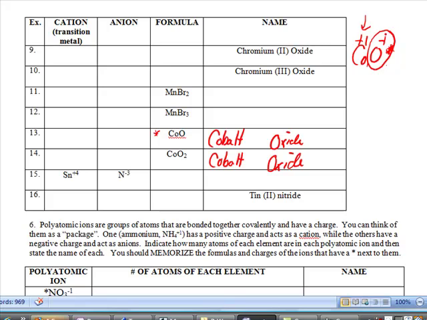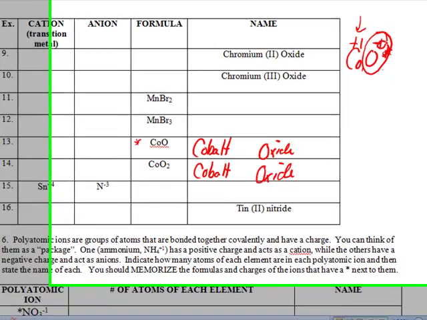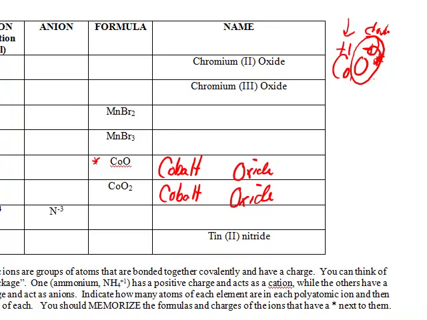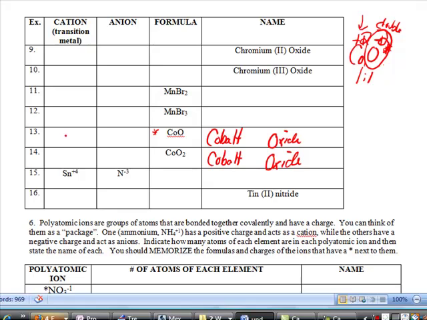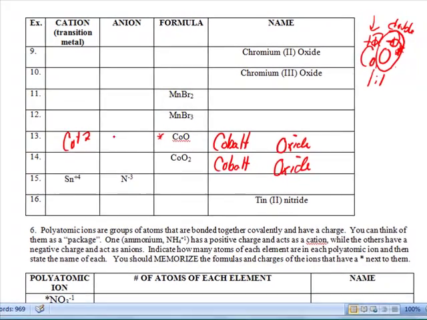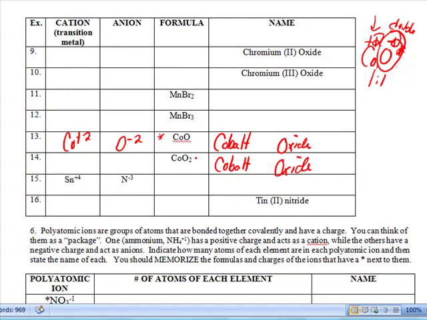Oxygen's not a -1, it's a -2. In order to get from the -1 to the -2, I double it. So whatever I do to get the oxygen straight, I have to do to the cobalt. So I'm going to double the cobalt, and now I'm all set. +2, -2, there's my 1-to-1 ratio. So I know that cobalt in this case is a +2 charge.